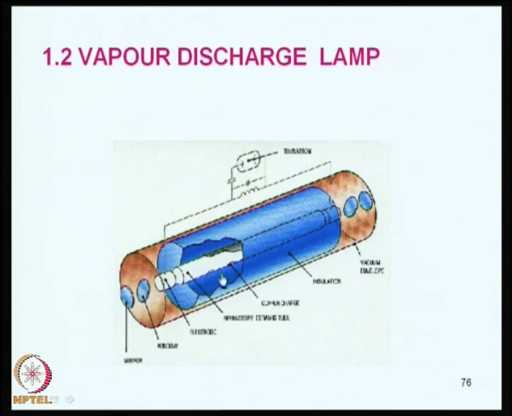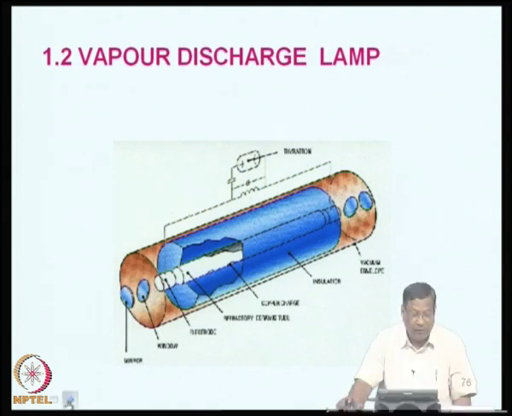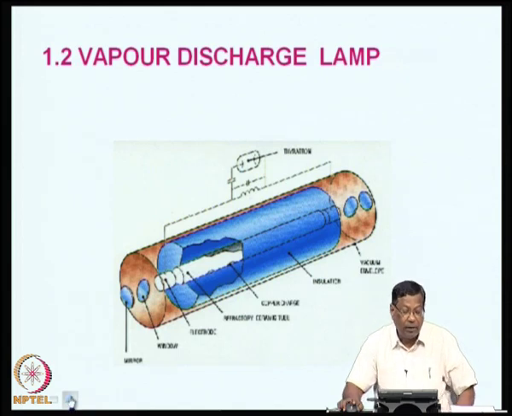Here we put some material and fill with argon, and then a charge will be there. Refractory material could be here, and with this simple arrangement we should be able to make the hollow cathode lamp, vapor discharge lamps.